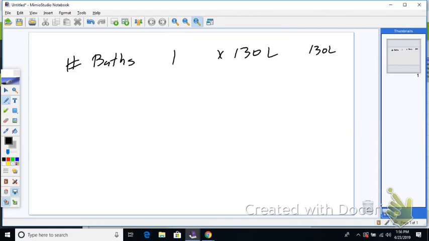Next one was number of showers. I'm just making up numbers. Don't use mine. If you use mine, I'm not going to give you a very good grade. Okay? So number of showers, let's say there's 2 in our household now. We took, over those 3 days, maybe 8 showers. And let's say my wife takes a shower for about 13 minutes, I take about 8.